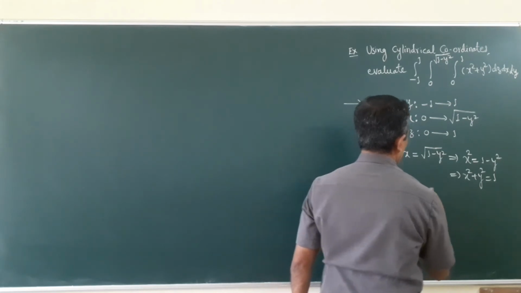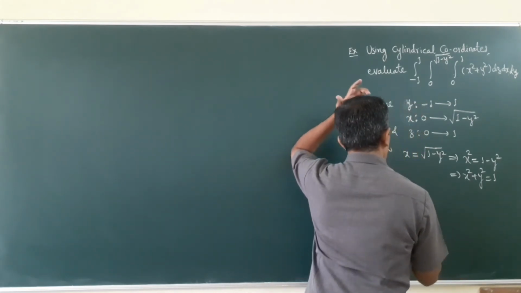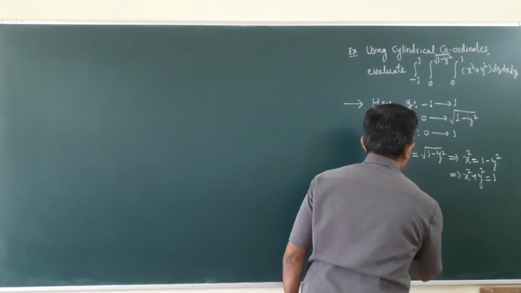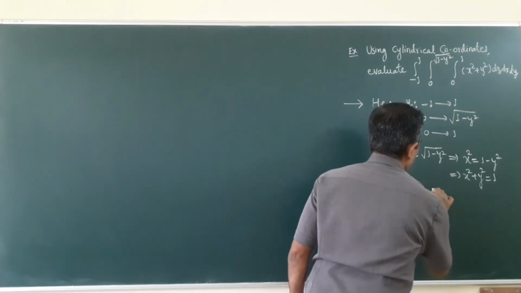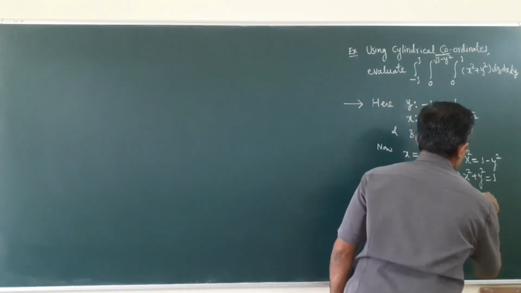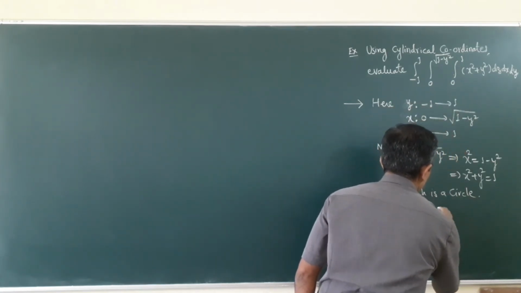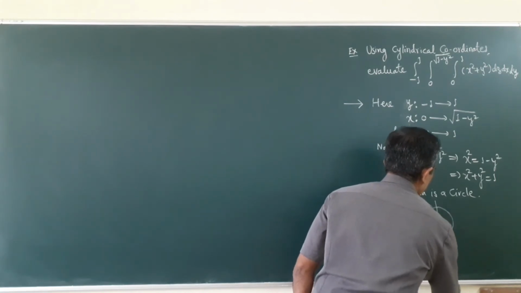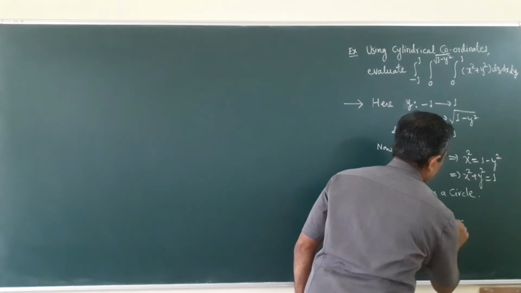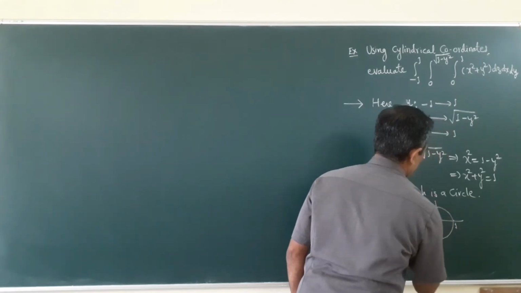So how is this circle? This circle is centered at the origin 0 and it is of radius 1.